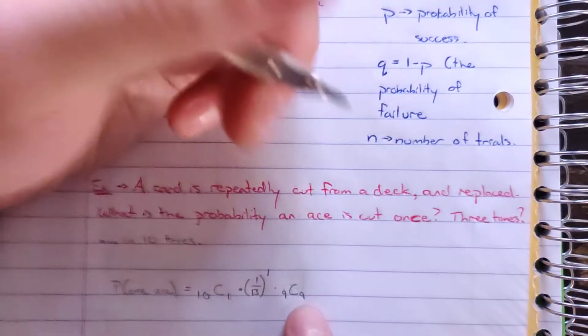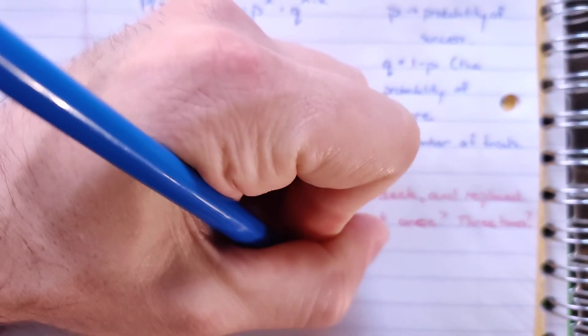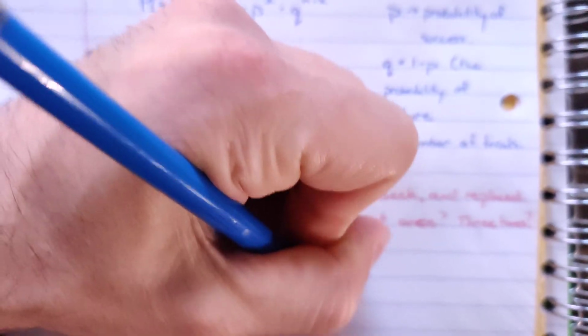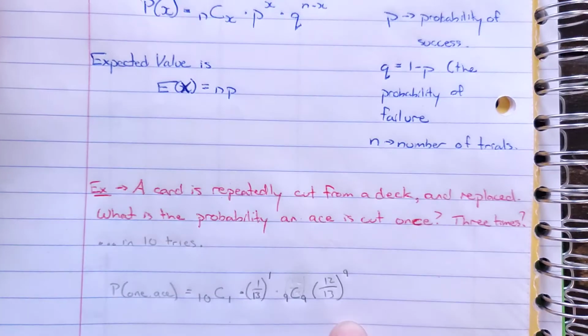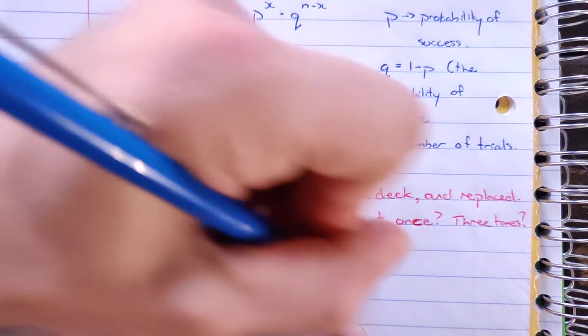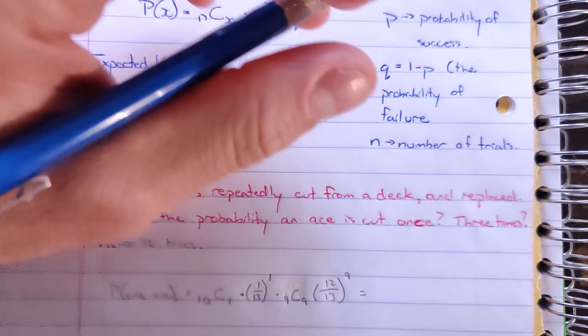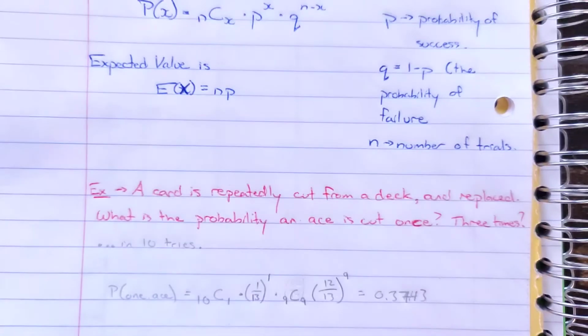So 9 choose 9 times 12 out of 13, the chance of not drawing an ace, to the power of 9. So we're going to multiply that together, and when we do, it works out to about 37.43%. So 37.43 is our value there.